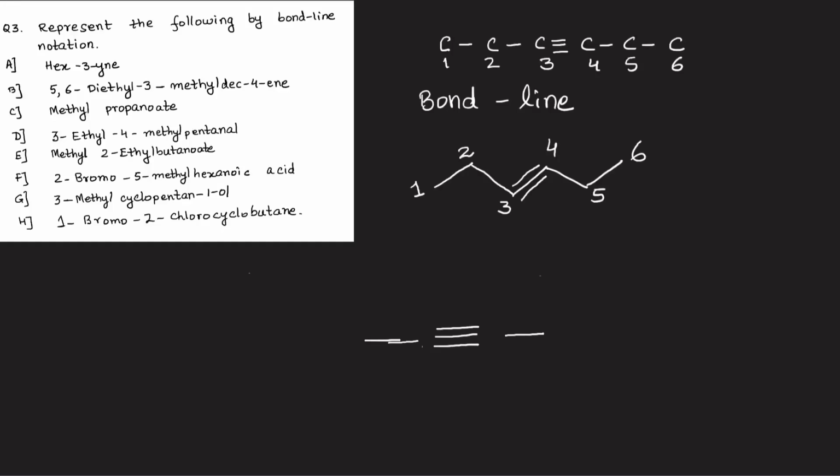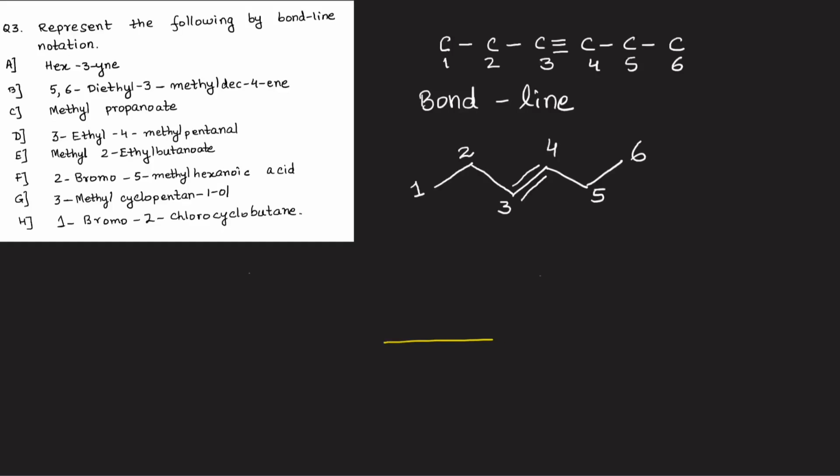So let me join this line by a single straight line, wherein the ends of these triple bonds depict a set of carbon atoms, carbon number 3 and 4. Let's put it more clearly.